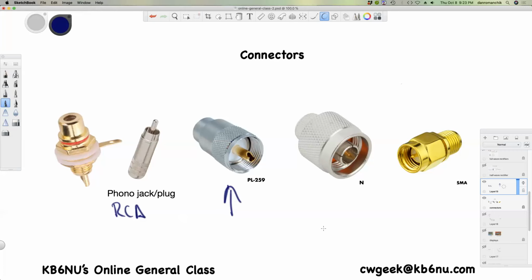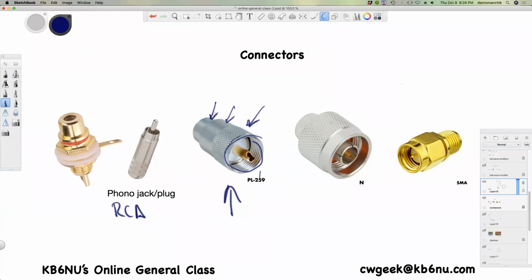Using the N connector, what is the advantage besides being waterproof? Why is it better for high frequency? Well, you see in the PL259, you're relying on the shell to provide the return connection. And right away, you see that the diameter of the shell is different than the diameter of the body.